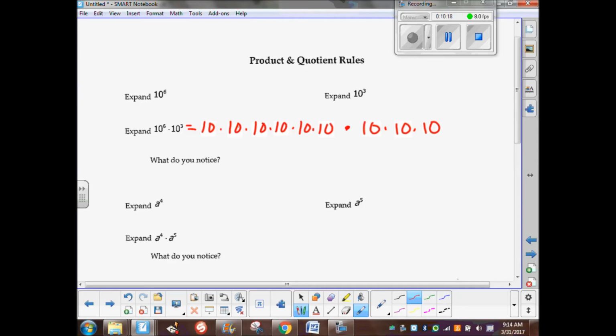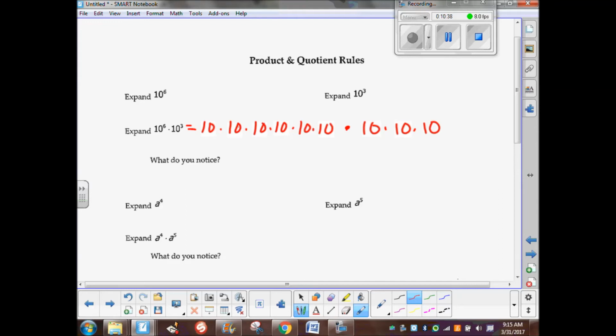What do we notice? I just copied and pasted mine because I didn't want to write it all in there. What do you notice? Yeah, you're adding it on, so 6 plus 3 is 9, so it'll be 10 to the 9th. That's exactly what it is.